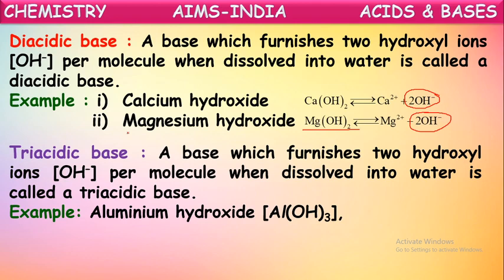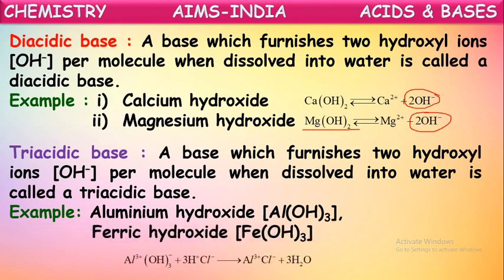When you dissolve this aluminium hydroxide into water, it produces 3 OH minus ions and Al 3 plus ion. So it produces 3 hydroxyl ions. Even ferric hydroxide is the same way. It produces 3 hydroxyl ions when dissolved into water. So these bases are called triacidic bases.